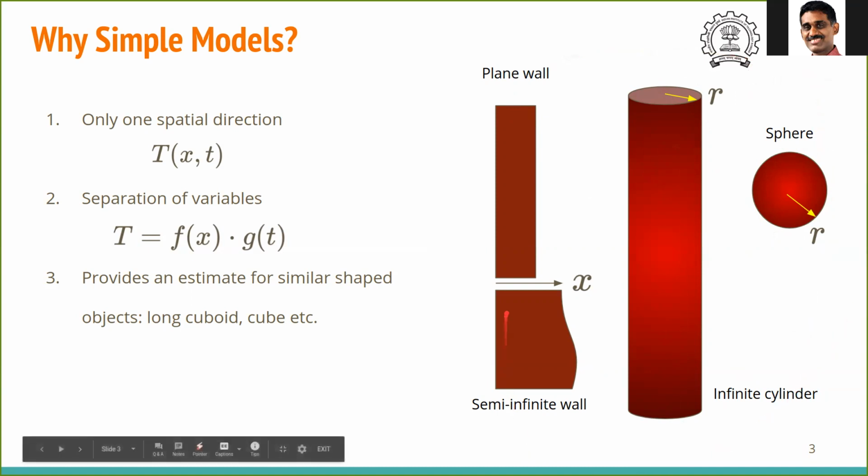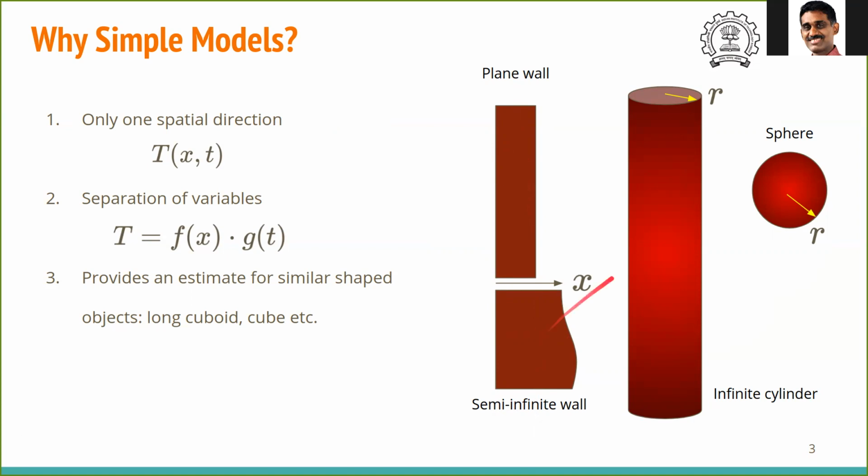All these problems, if you notice, have only one variable along which temperature can change. In the case of the plane wall, there is no other length scale other than this, so the temperature can change only along this length. Similarly, in the semi-infinite wall, because it's infinite in all the other directions and limited only here, there is only one direction where temperature can change.